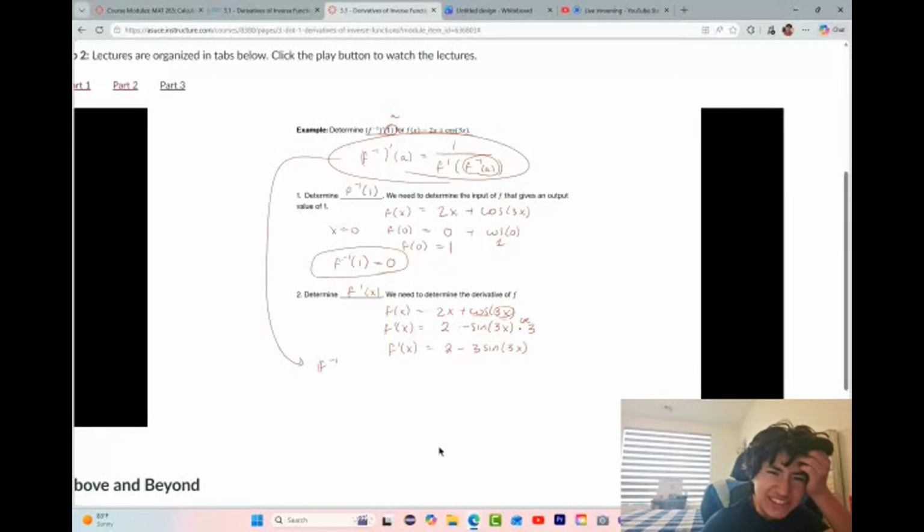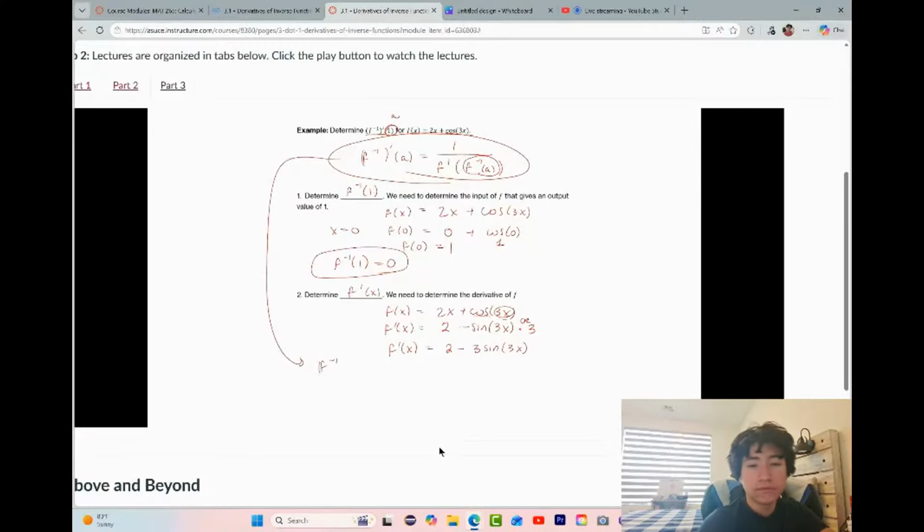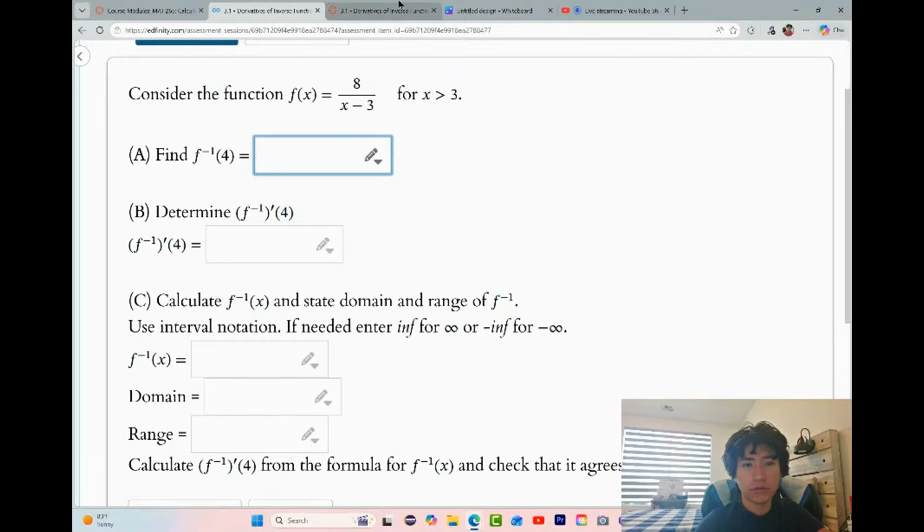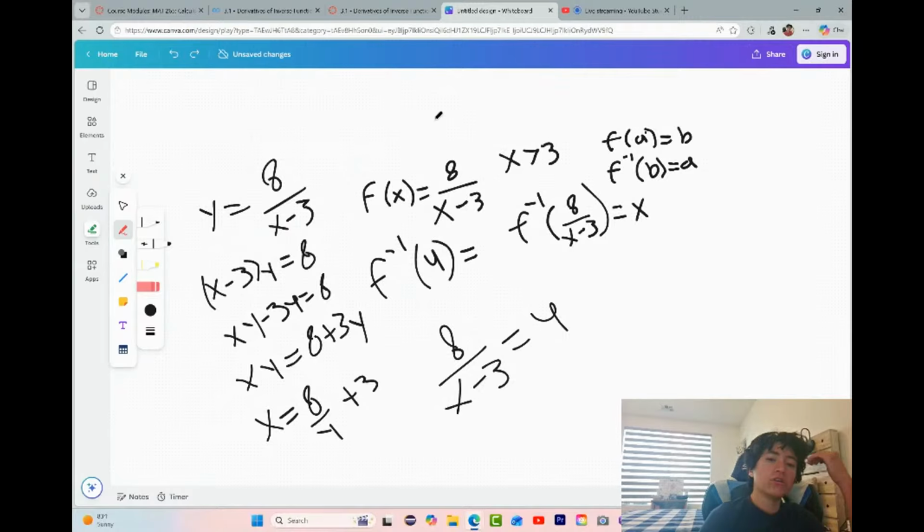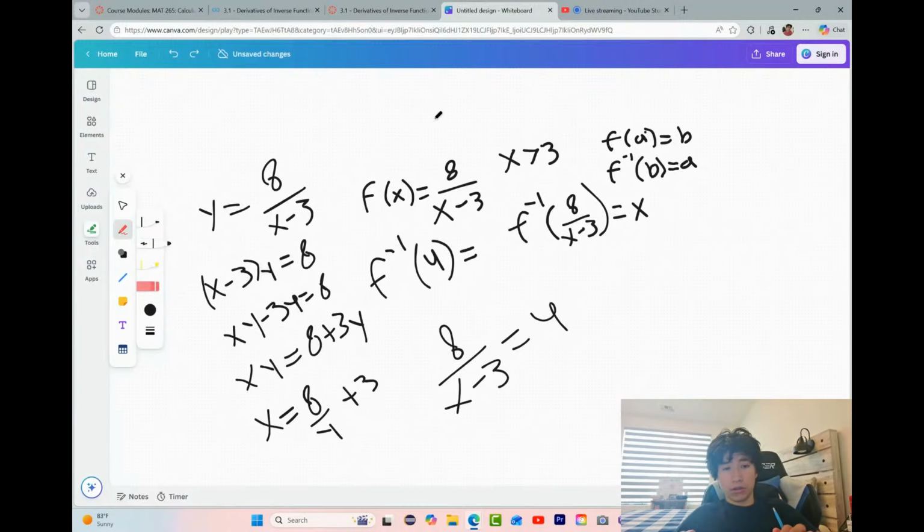So input. Okay, so what does that mean? So wait, f of x equals 8 over x minus 3. Okay. So f of x equals 8 over x minus 3, and we need to find f inverse of 4. So what does that mean?